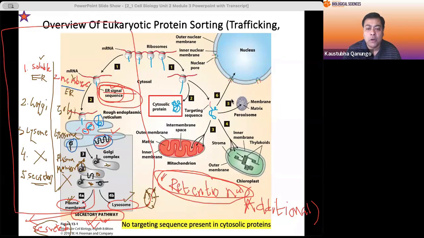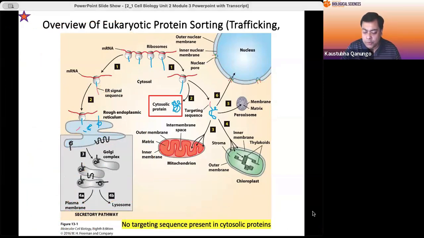Remember that we are not talking about the right side. So this is a very important concept. Remember that. And if you do not have any targeting sequence, as in cytosolic proteins, it will end up in the cytosol. So we will come back to these targeting sequences, and we will also talk about the retention signal as we move through the material. So just remember to connect these dots.